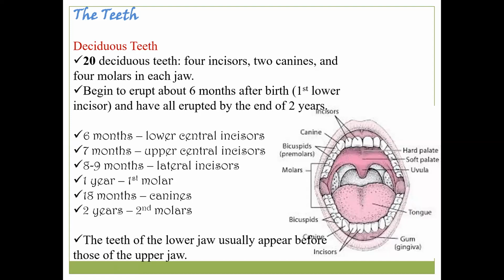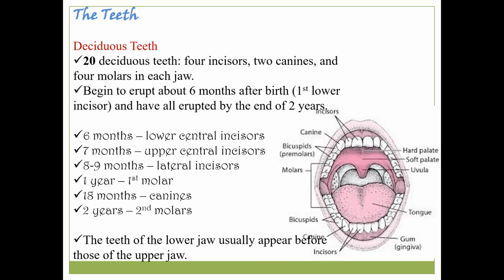They begin to erupt about 6 months after birth, but rarely some children have 1 or 2 teeth when they deliver, but they do not continue to have teeth just after birth.